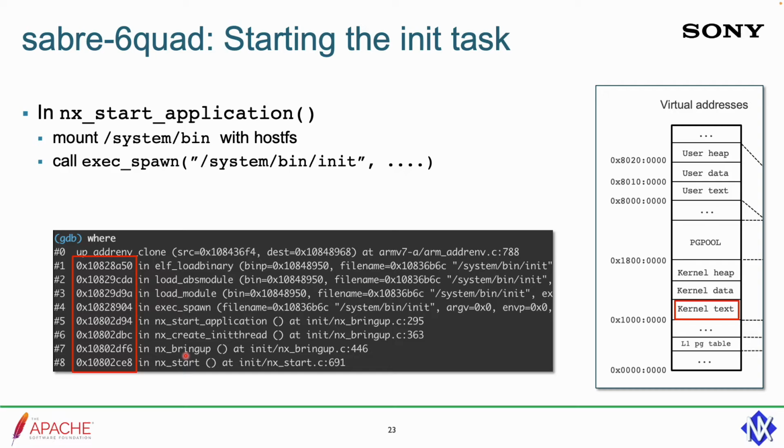This slide shows the core stack for starting the init tasks. In Server 6 quad KN shell, it uses the hostfs, host file system, to mount system/bin, then calls exec spawn. As you can see from this core stack, the kernel code is running to load the init task.